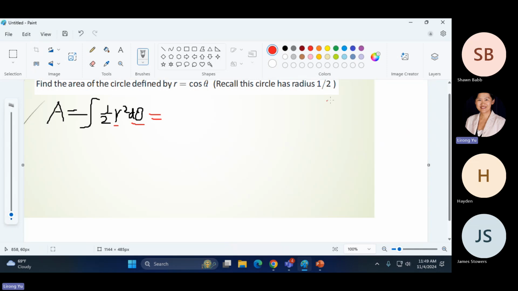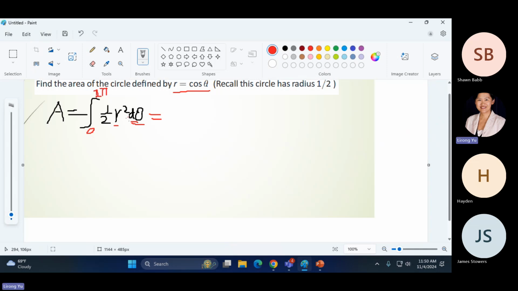This is an entire circle, so theta should go from 0 to 2 pi. We have to find the initial value and terminal value for theta, so 0 to 2 pi.